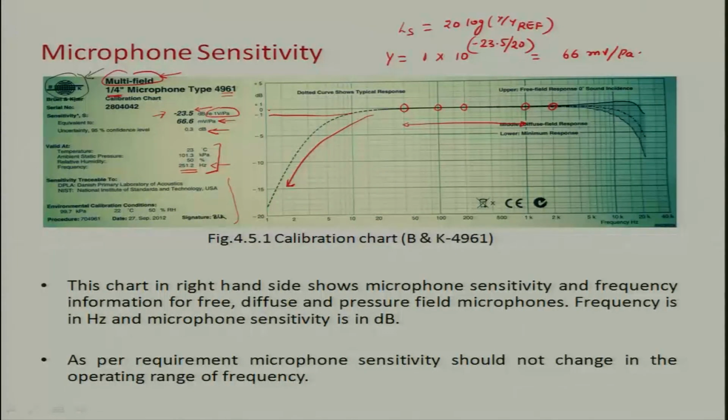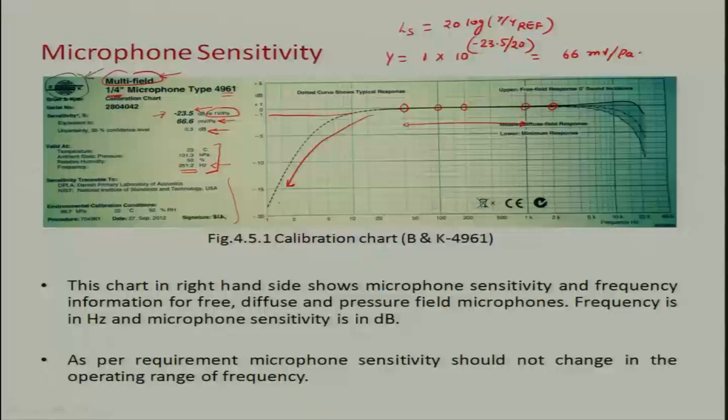So, at 10 hertz the sensitivity of this microphone will be minus 23.5 minus 1, which is minus 24.5. Same thing here: at let us say 1.5 hertz, the change in sensitivity is minus 15. So, the sensitivity of the mic drops further, it becomes more insensitive, and it becomes minus 23.5 minus 15, which is minus 38.5 decibels.